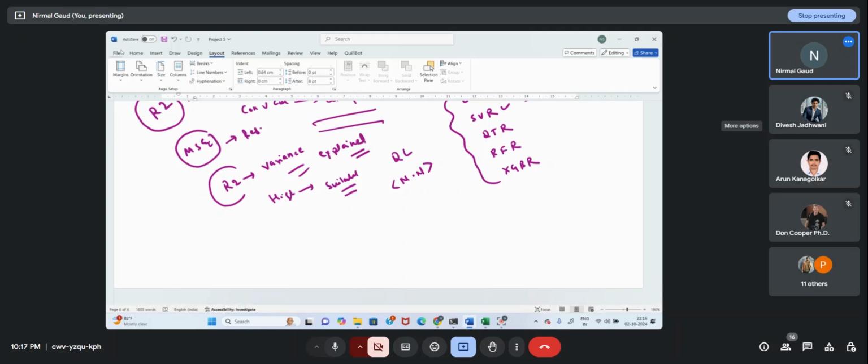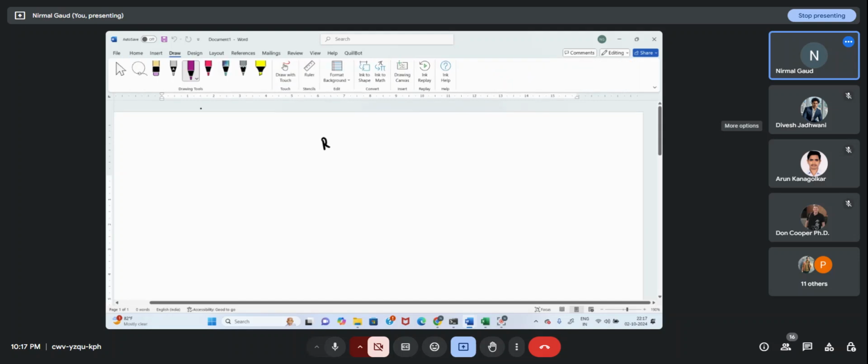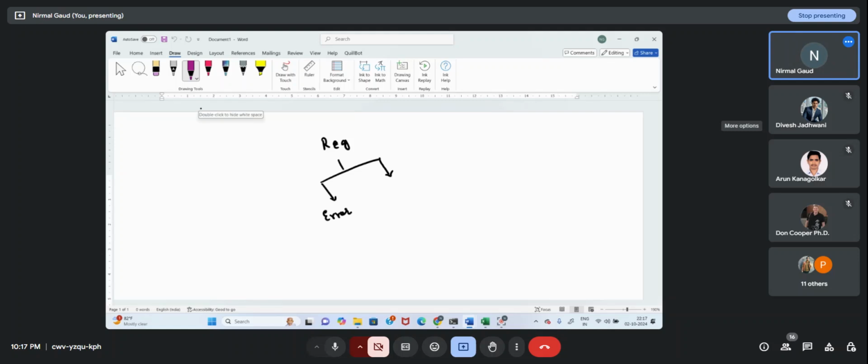Remember, in regression analysis we have to evaluate two things: one is error, one is R2 and adjusted R2. Error is predicted minus actual.